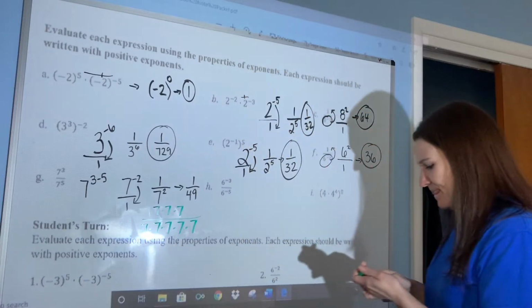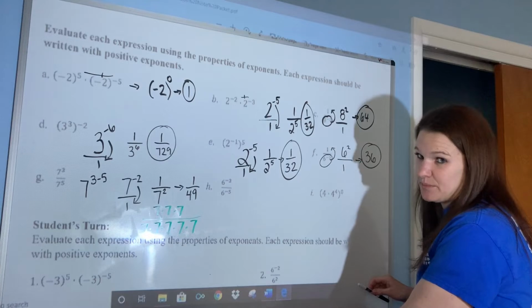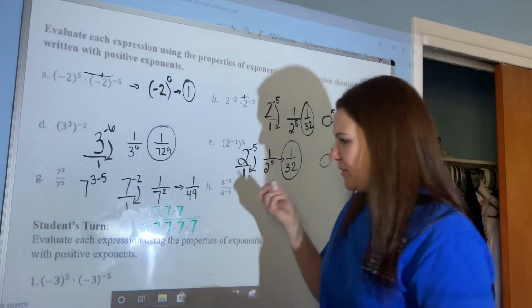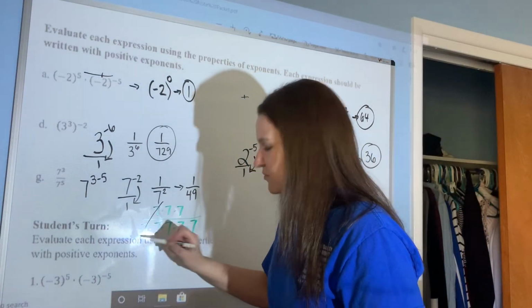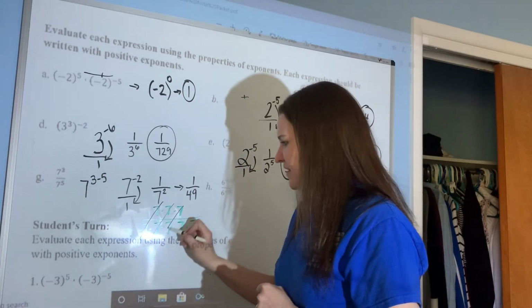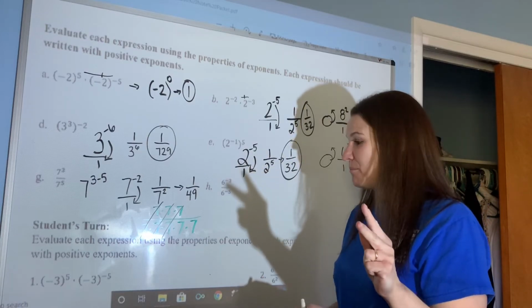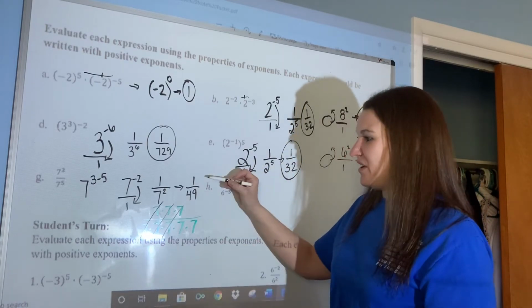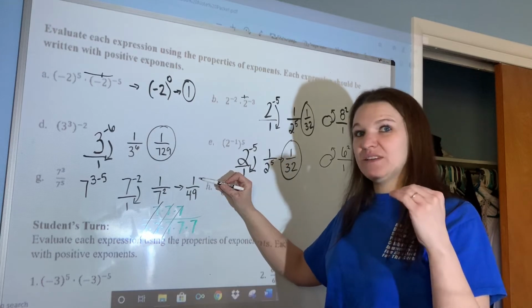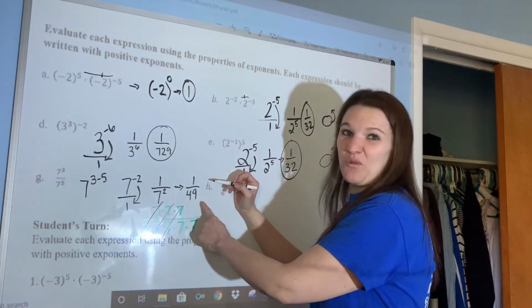Okay. Now I know that things that are on the top and the bottom, I should simplify. I can cancel out. So I'm going to cancel out what I can. These would cancel out. These would cancel out. These would cancel out. Now I'm left with 2 7s, but they're on the bottom. So that's why we need the 1 up top just to keep that placeholder. And then 7 times 7, or 7 squared, is 49.